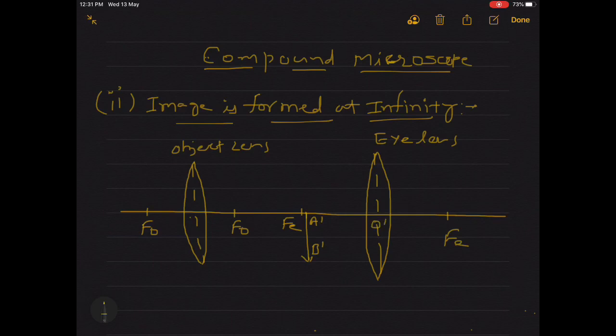This is O dash optical center of eye lens and this is O optical center of object lens.